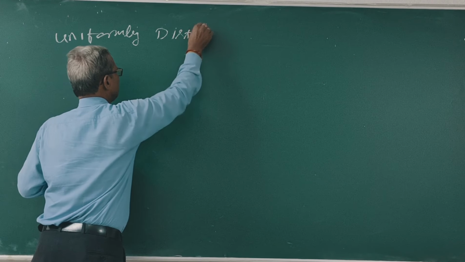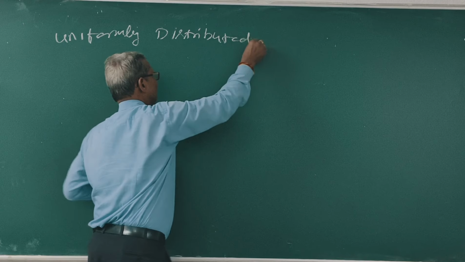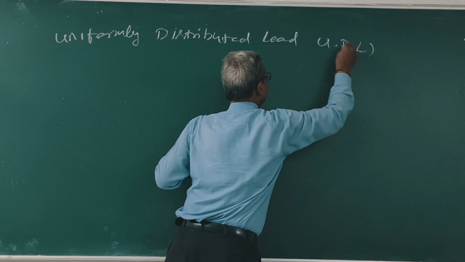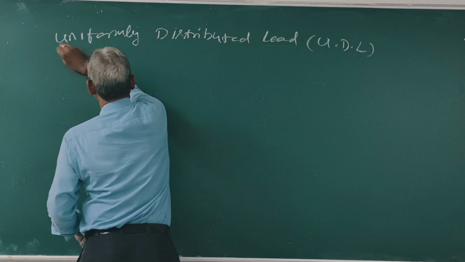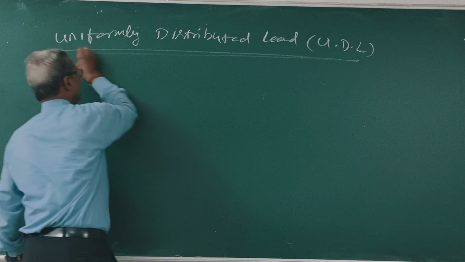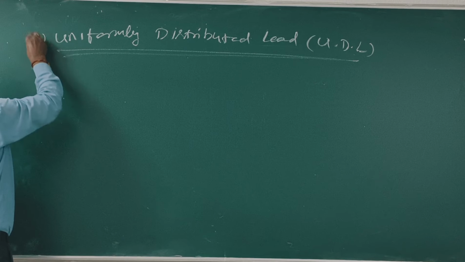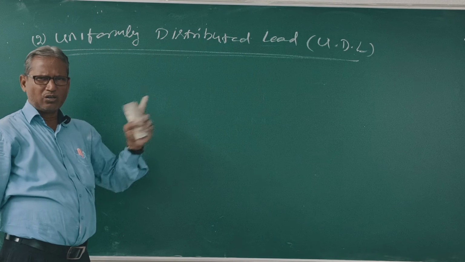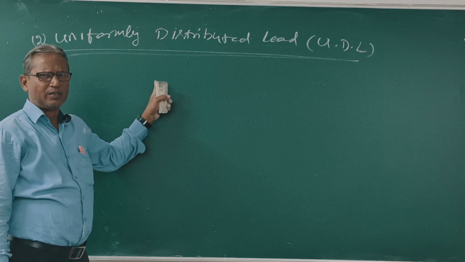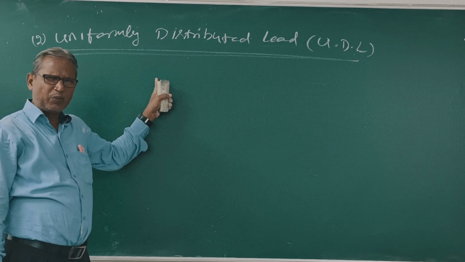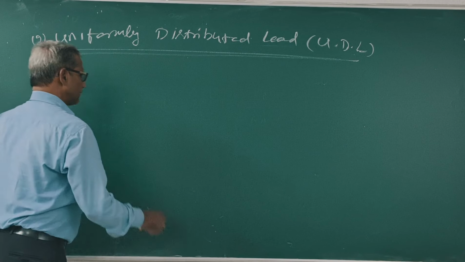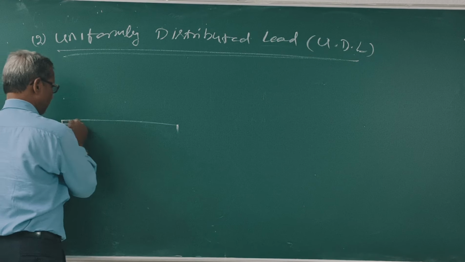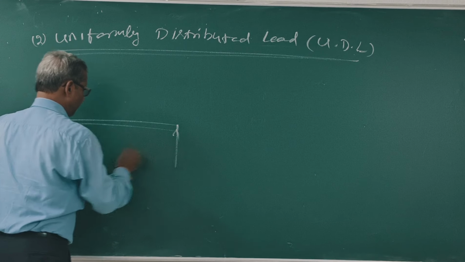Distributed load, UDL. Number 2. Clear? One is point load. Number 2 is UDL. Load is distributed uniformly over the entire beam. Suppose this is beam AB.